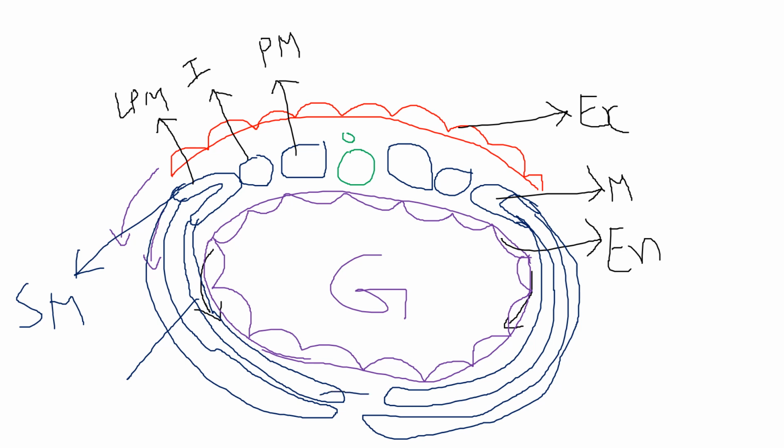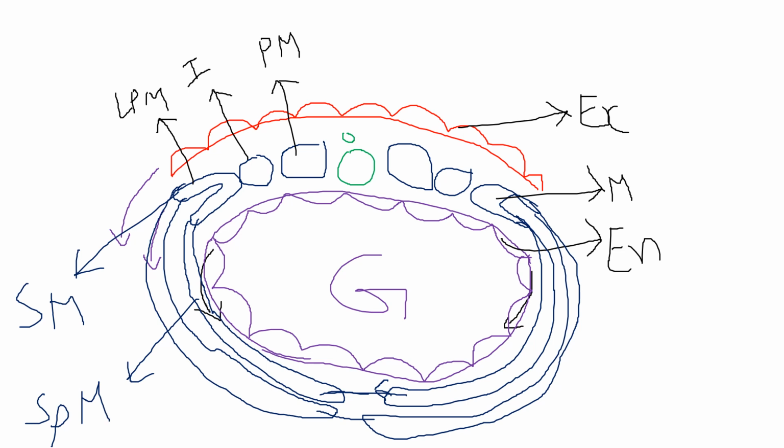This one and this one are going to join with each other, and here also you can see the posterior layers are going to join with each other. Here these two are joining and here these two are joining. This particular layer is called splanchnopleuric mesoderm. This is your splanchnopleuric mesoderm.